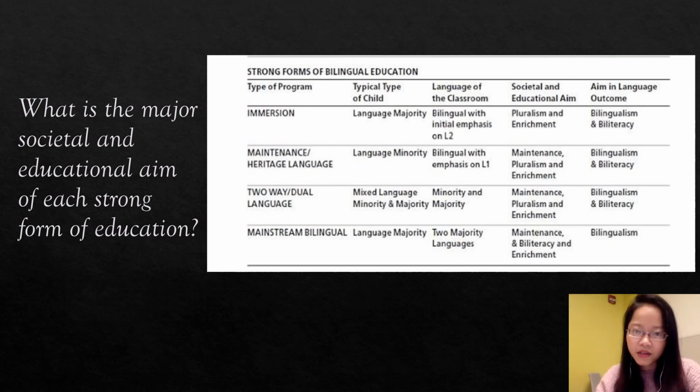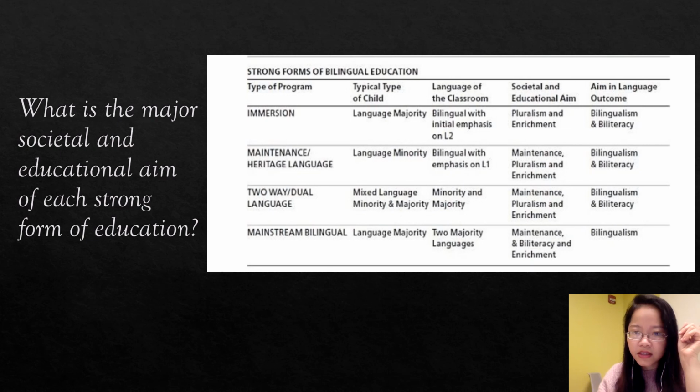So the maintenance bilingual program differs significantly. Maintenance and heritage language, you can see, is second on the current list.